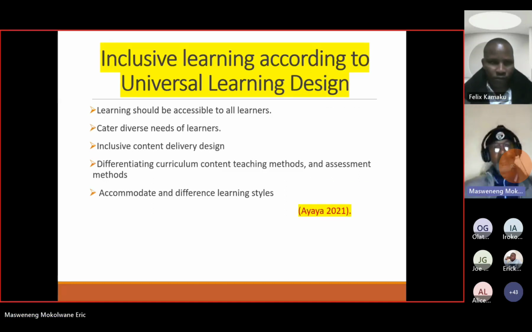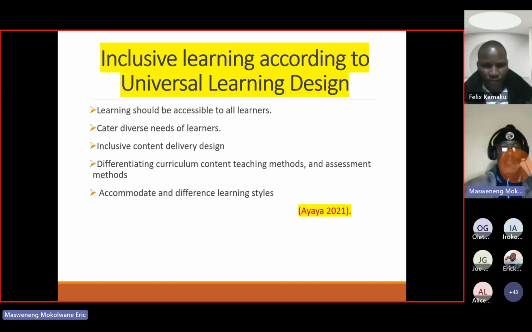Well, inclusive learning according to the Universal Design for Learning. According to universal design, learning should be accessible to all learners, regardless of any learning barrier. It should be accessible. Learning should cater to the diverse needs of all learners.